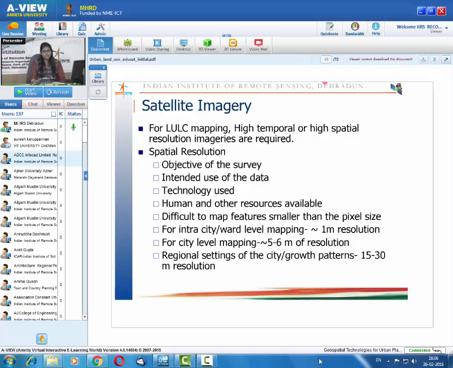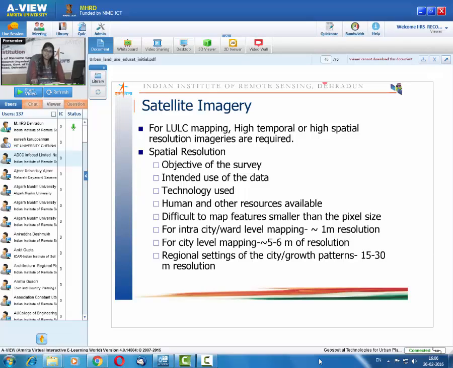If we are preparing a land use map for the city or ward mapping, we can use Cartosat 1, which gives us 2.5 meter resolution. We can have a fused image of LISS 4, 5.8 plus 2.5 meter resolution, and we can go for the city or ward level mapping.